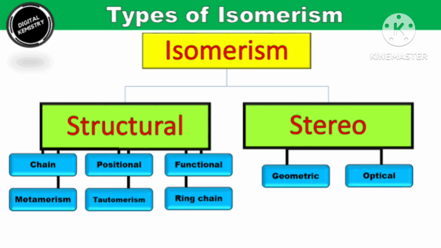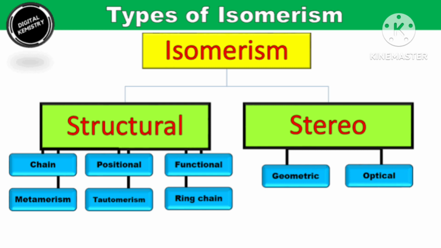Structural isomerism is further divided into four: first, chain isomerism; second, position isomerism; third, functional group isomerism; and fourth, metamerism. And stereoisomerism is divided into two: geometrical isomerism and optical isomerism.